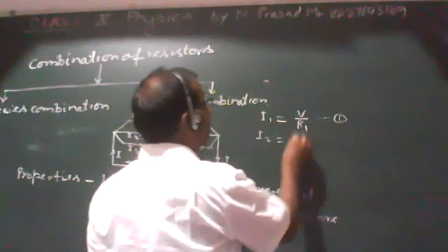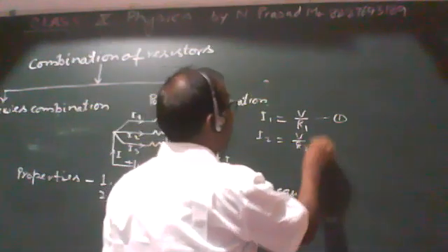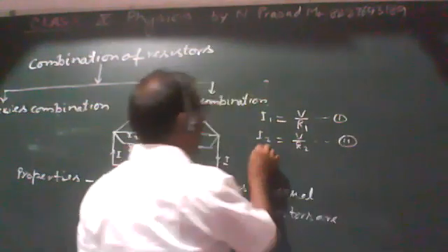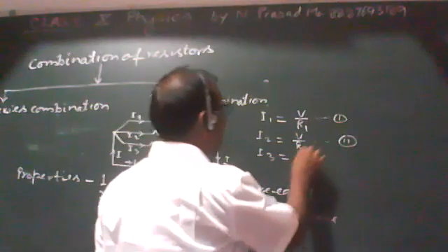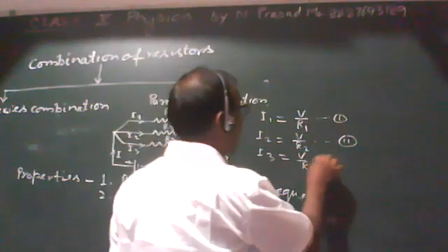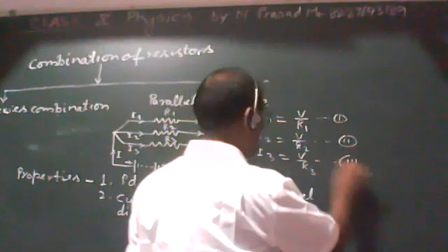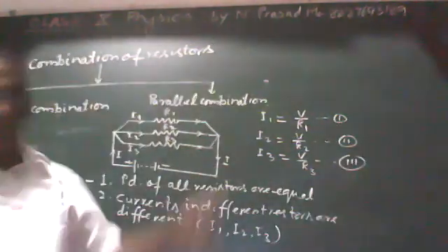I2 is equal to V by R2, equation second. And I3 is equal to V by R3. That is equation third. Okay.